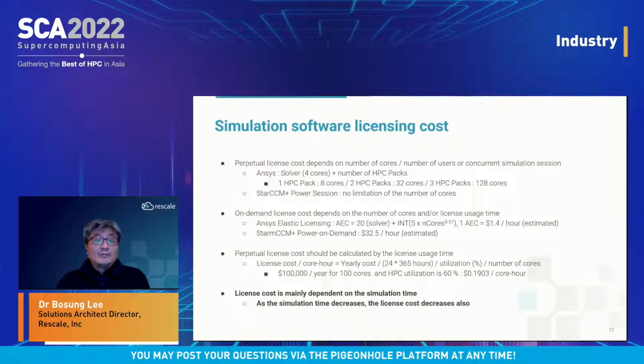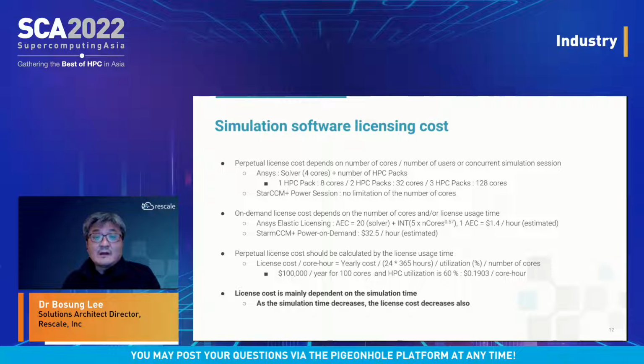Traditionally, in the on-premise HPC environment, the perpetual license or annual license model is widely used. Most perpetual license models are one of two types. The first is the model based on the number of cores.